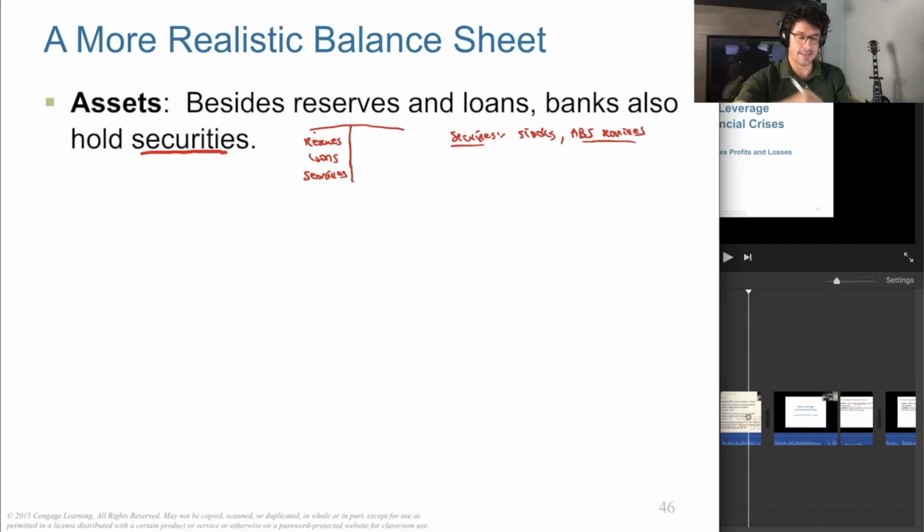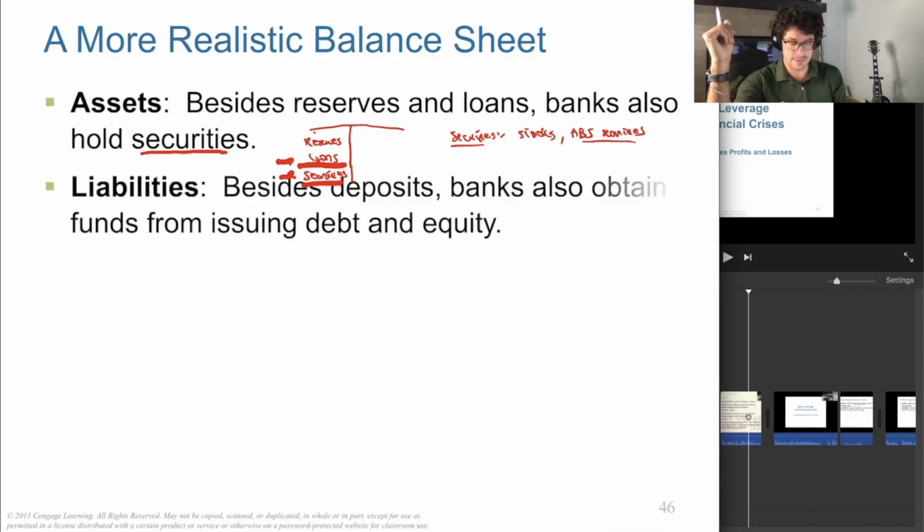This is just to give you an idea that banks can take exposure not only on loans, but also on risky assets, such as securities in the stock markets.